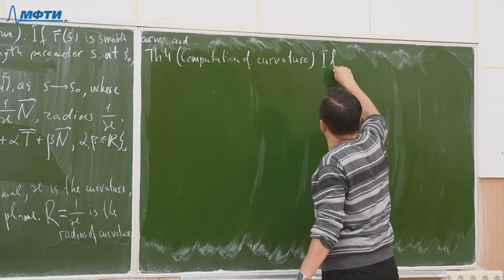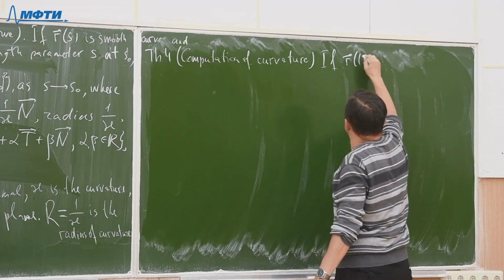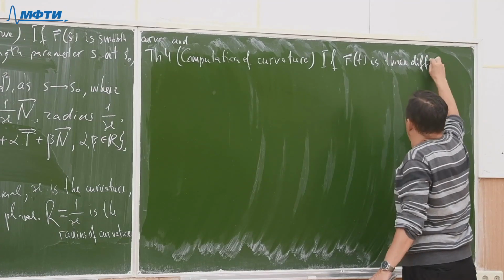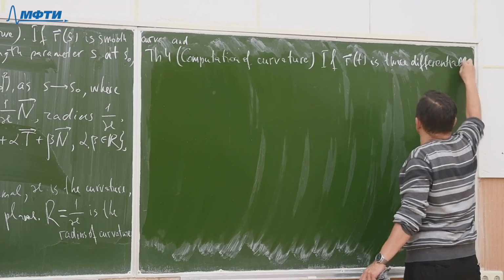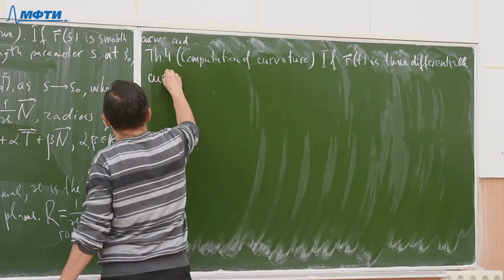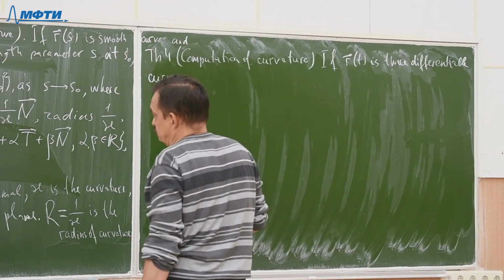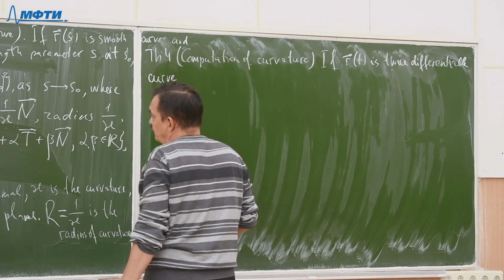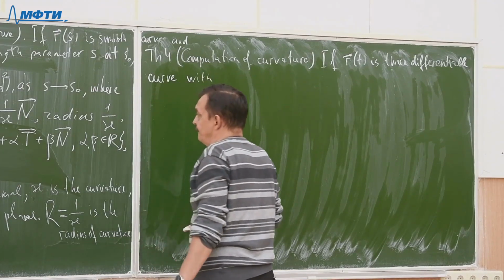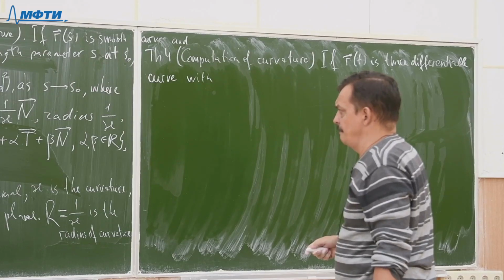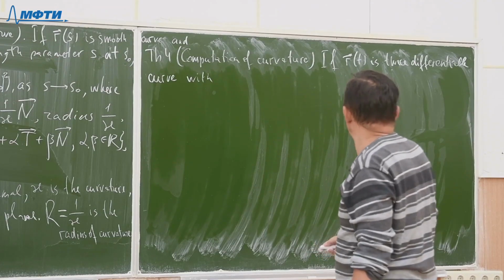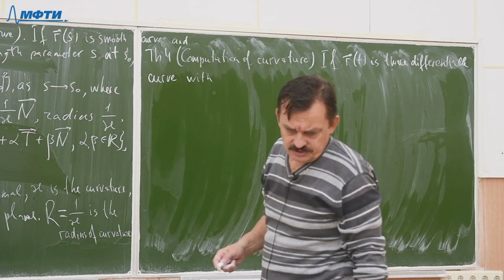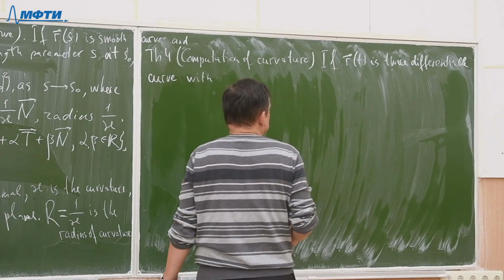So if r of t is a twice differentiable curve, but in fact I think I don't need to make this supposition about just a twice differentiable curve.